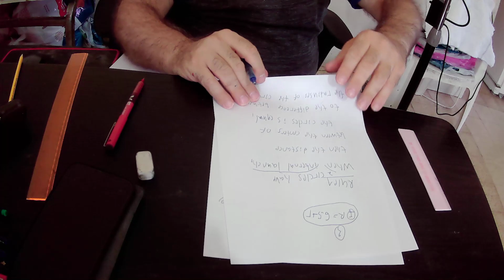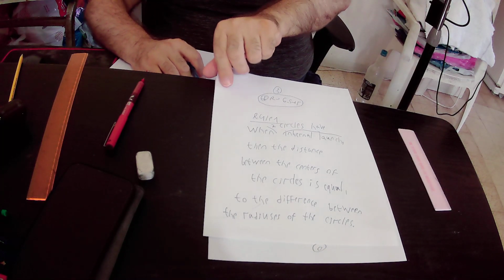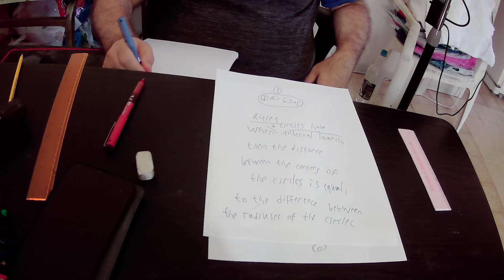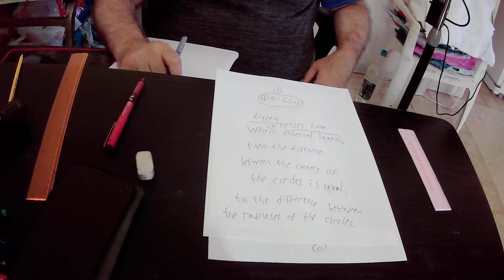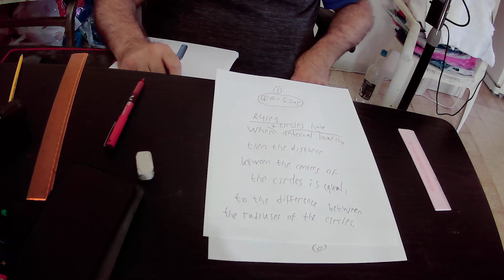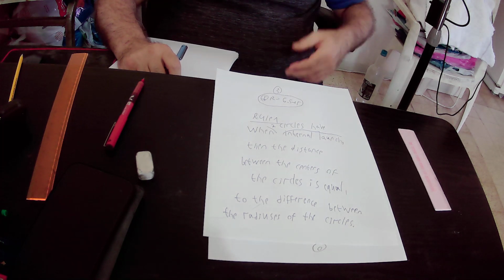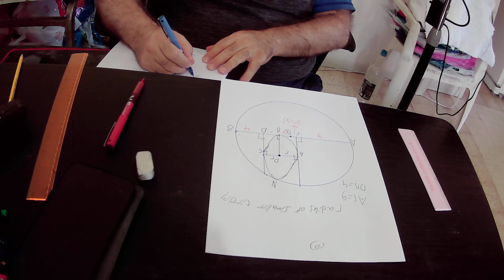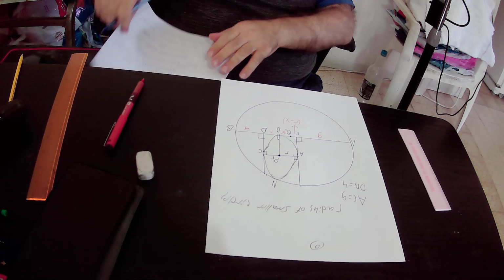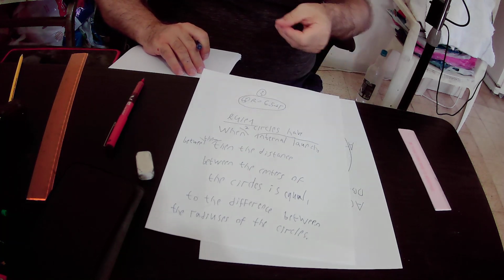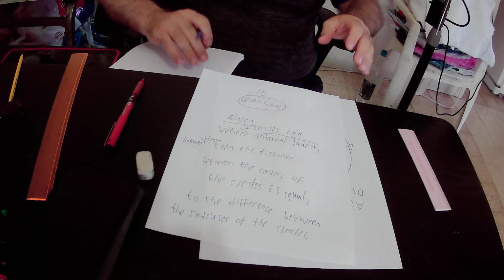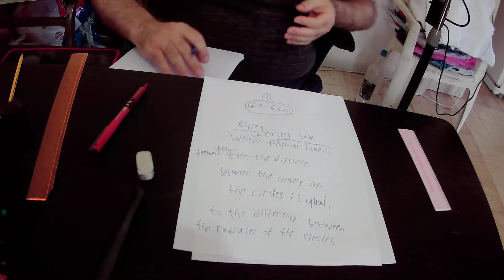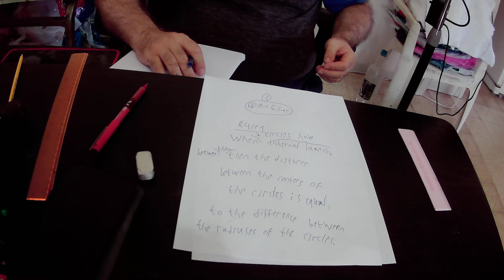Okay, so I will read rule number 1 again. Rule number 1 states that when two circles have internal lunge between them, then the distance between the centers of the circles is equal to the difference between the radiuses of the circles.